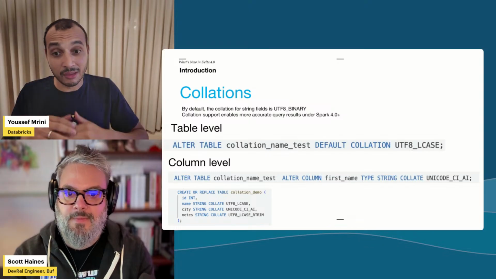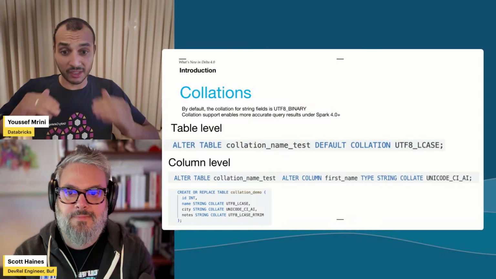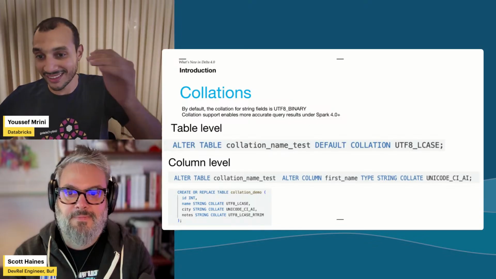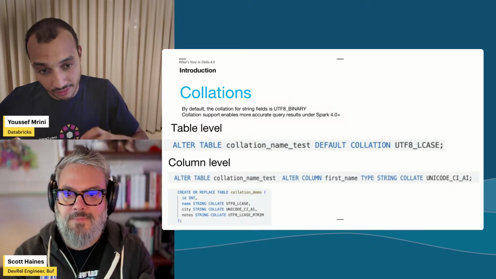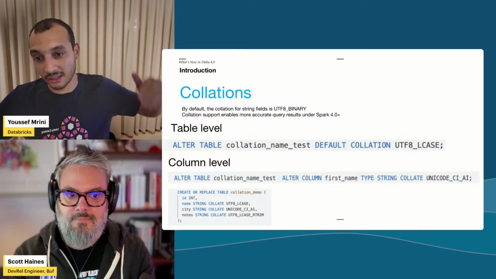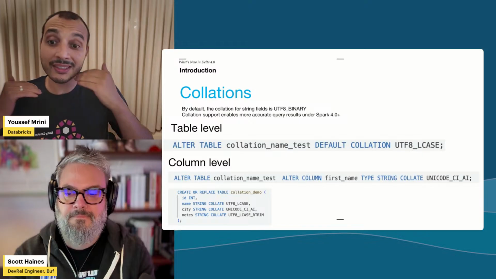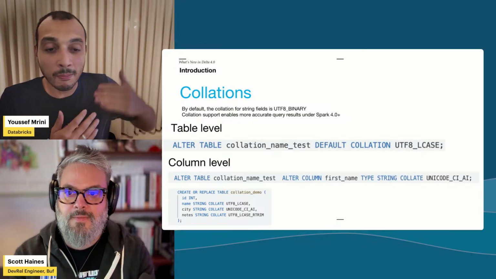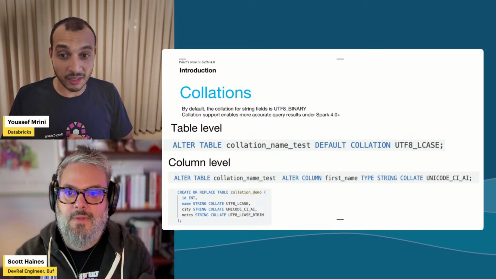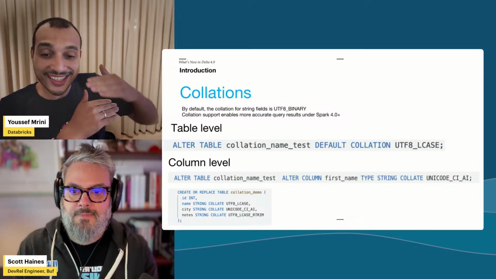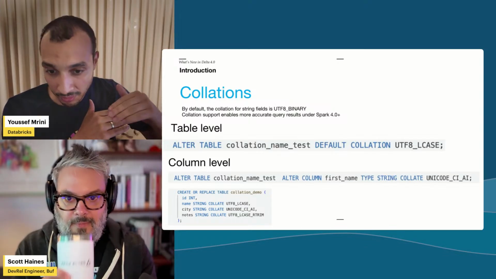Because you can enable it at the table level. For example, you can define that all the columns within this table will have a default collation, which is UTF-8 underscore lowercase. Or within the same table, you can have multiple options, defined at the column level.